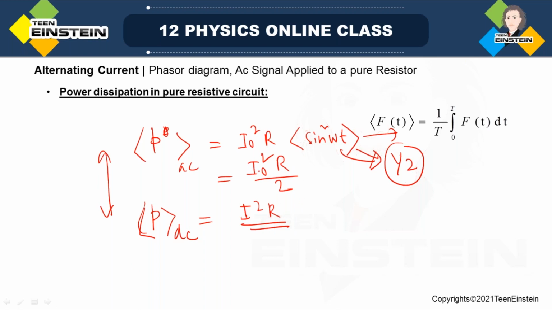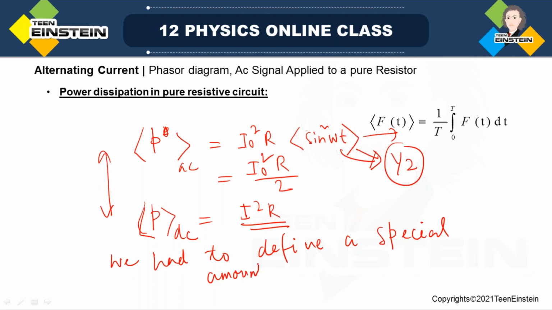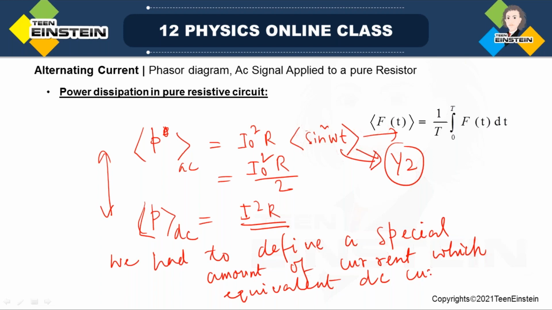So just to keep the similarity in the expression of this joule heat loss or average power dissipation, we had to define a special amount of current which is equivalent to DC current.